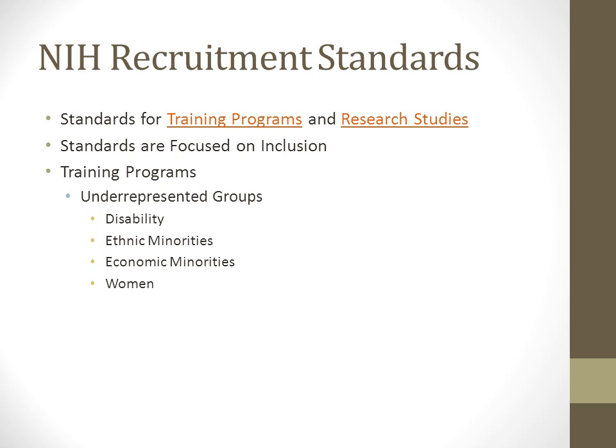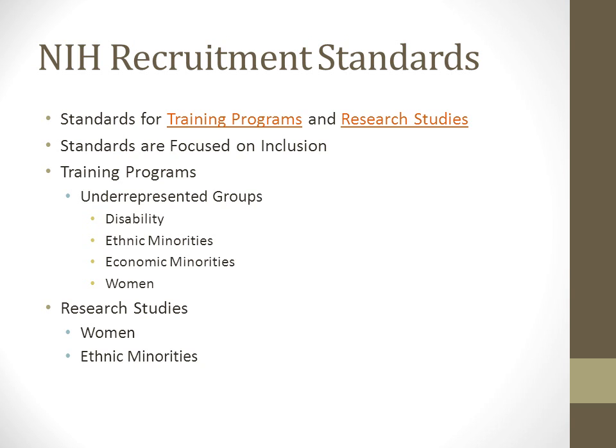So you can't assume that any non-white person is going to be a minority for whatever grant you're writing. That may not actually be the case. Some minority groups are actually overrepresented in certain areas of research. So you have to make sure that you're covering all types of groups and that you're clear about who's truly underrepresented. In research studies, most of the focus is on recruiting women and ethnic minorities.